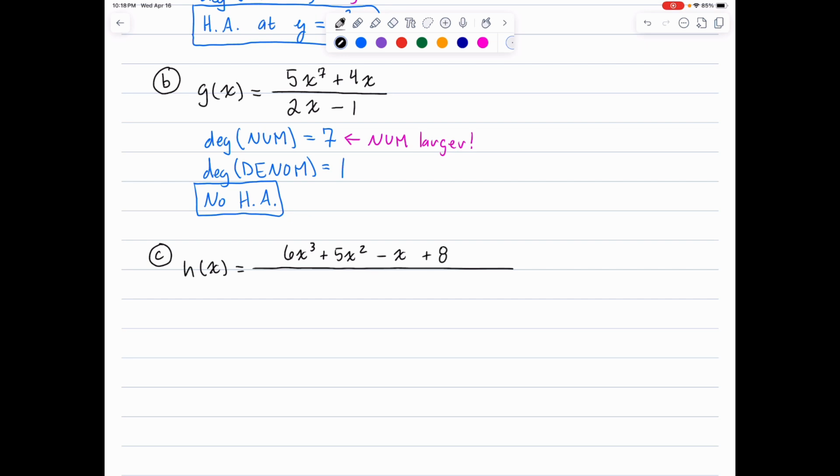And in our denominator, we have 4x to the fifth minus 3x to the fourth plus x to the third minus x squared plus 2x plus 7. Okay. Kind of a long one, but feel free to take your time, pause the video, write it out.